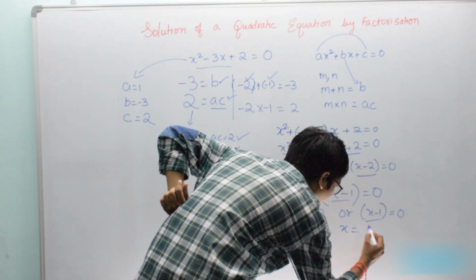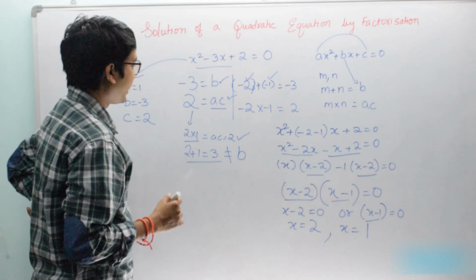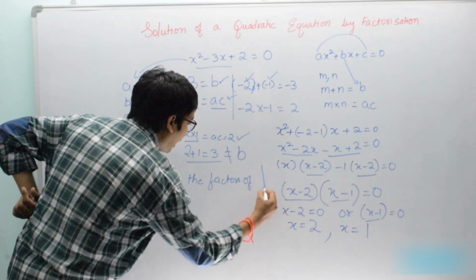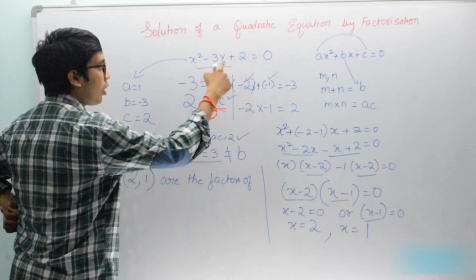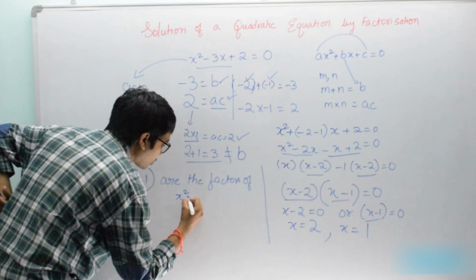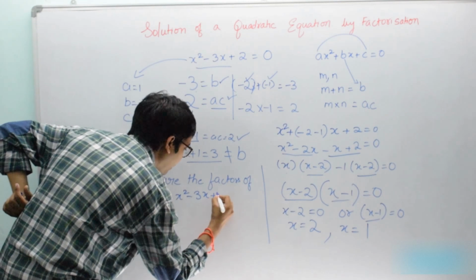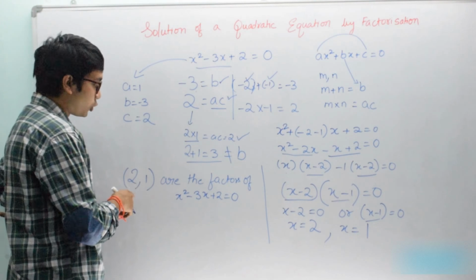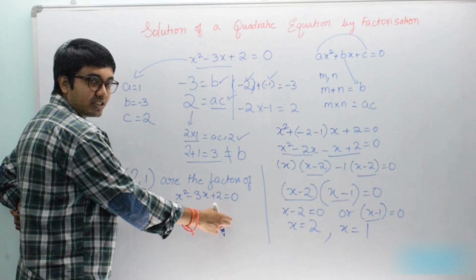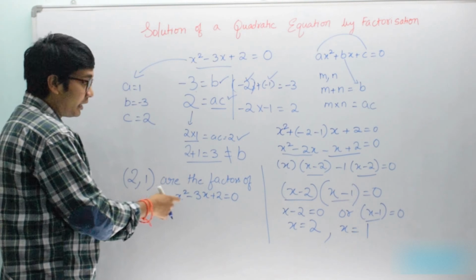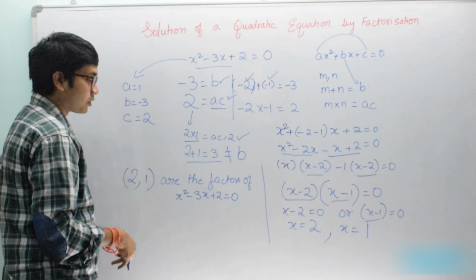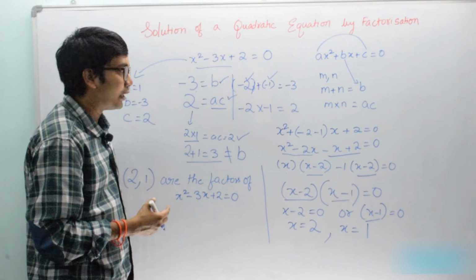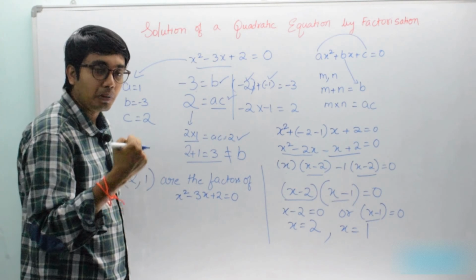Or x is equal to 1. So I can say 2, 1 are the factors of the quadratic equation x square minus 3x plus 2 is equal to 0. If we substitute 2 in the place of x, we will get 0, or if we substitute 1 in the place of x, we will get 0. Or you can say 2, 1 are the zeros of the polynomial x square minus 3x plus 2.